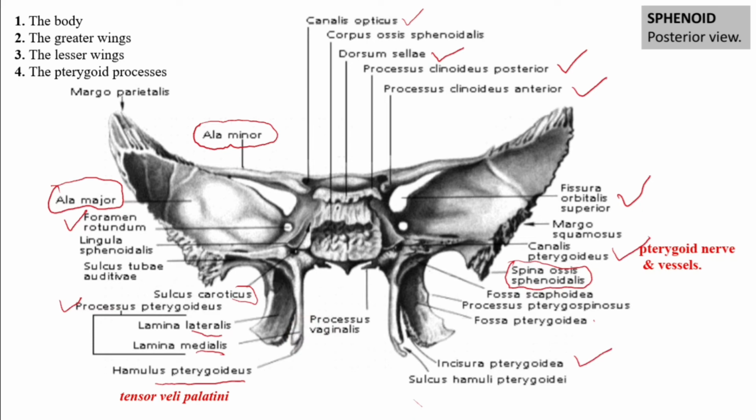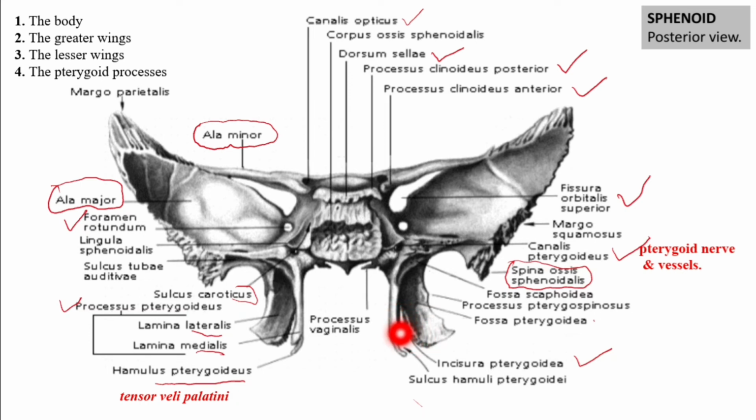And again, on its continuation here, there is a notch between the medial plate and the lateral plate. It's called incisura pterygoidea.